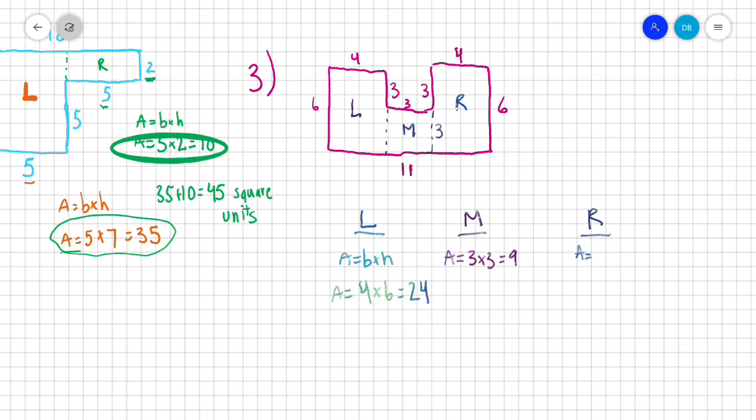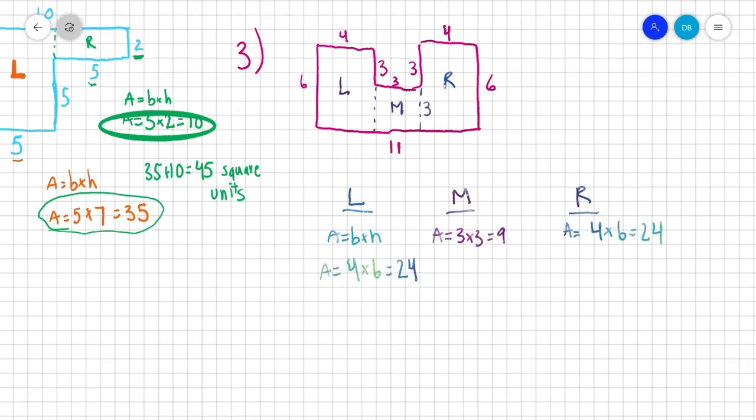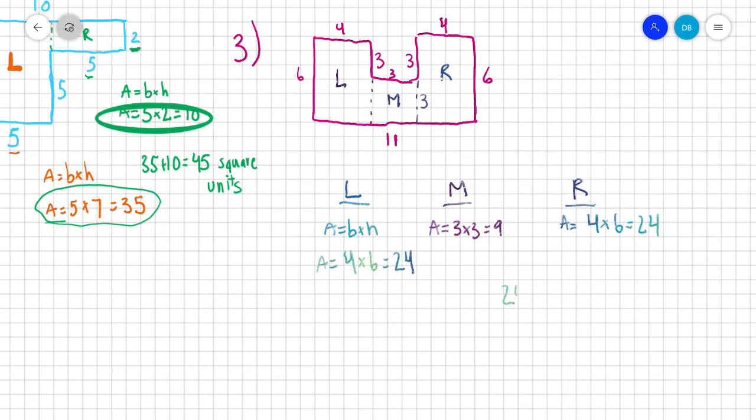So area equals 4 times 6, which equals 24. Now my last step would be to add 24 plus 24 plus 9. So this gives me 48 plus 9 equals 57 square units.